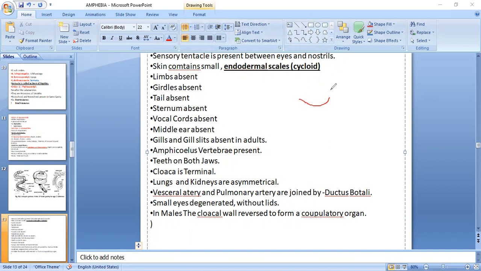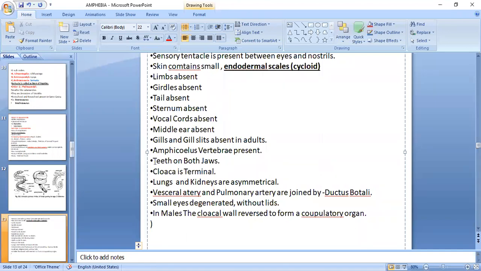Amphicoelous means the centrum is biconcave, so that is amphicoelous type of vertebrae.